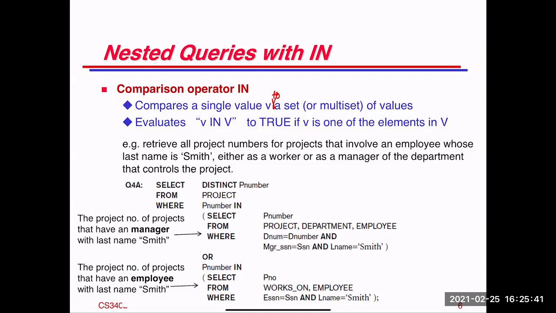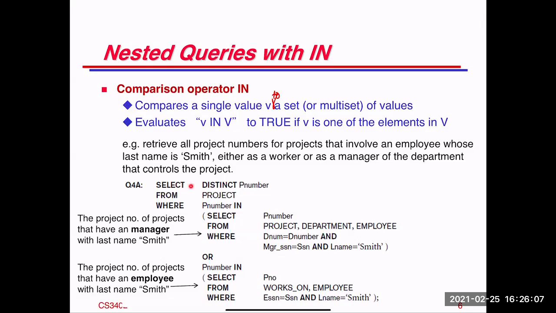Now that we have these two nested queries, we're almost done, because our goal is to retrieve all project numbers that show up in either of them. So how do we test that? Let's look at the outer query.